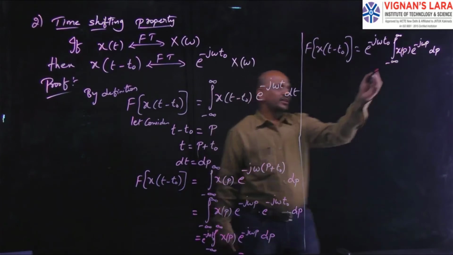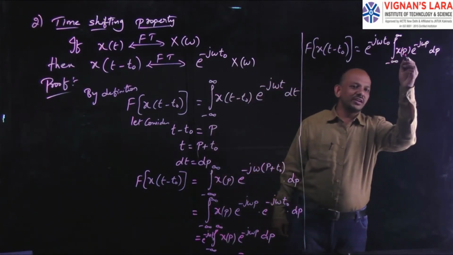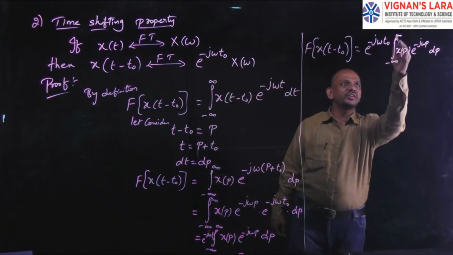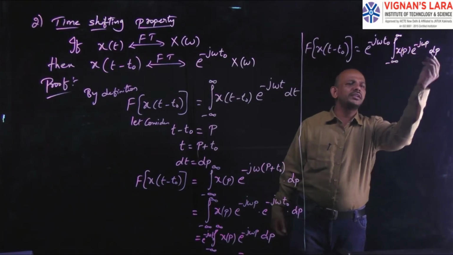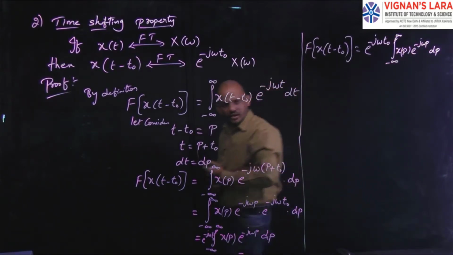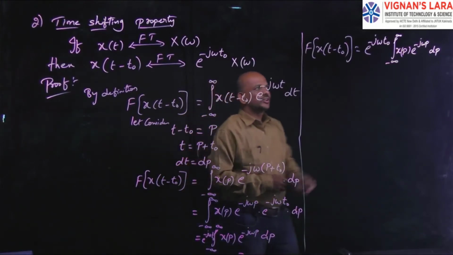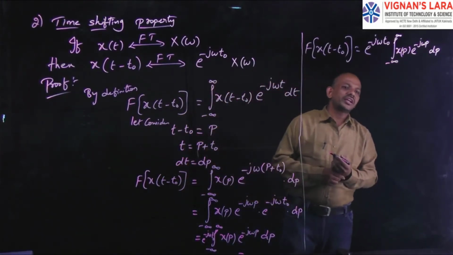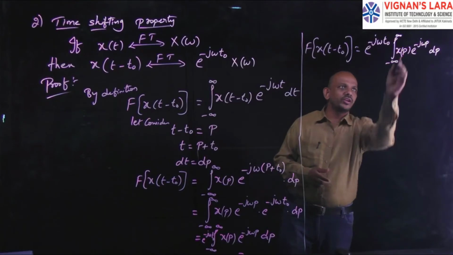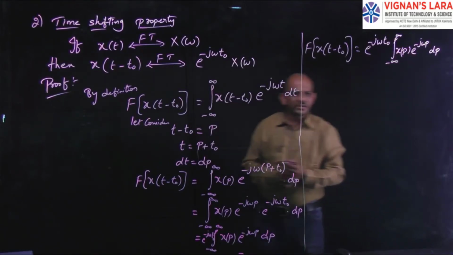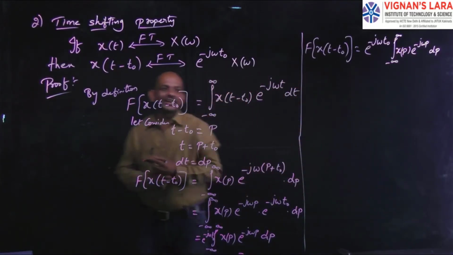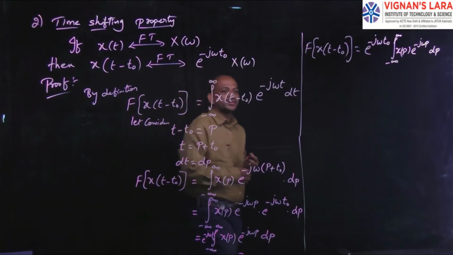See, if p is replaced with t, what happens? Integral minus infinity to infinity x of t e power minus j omega t dt. That is the formula for the Fourier transform of x of t. So this is the formula for the Fourier transform of small x of p, that is nothing but capital X of omega.